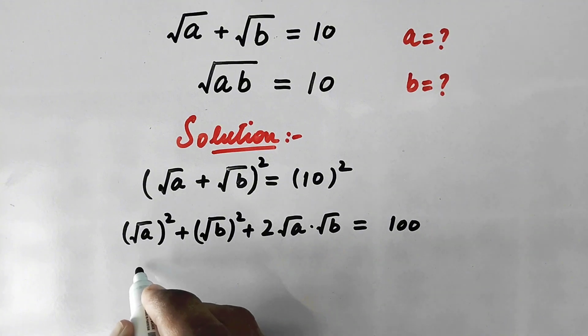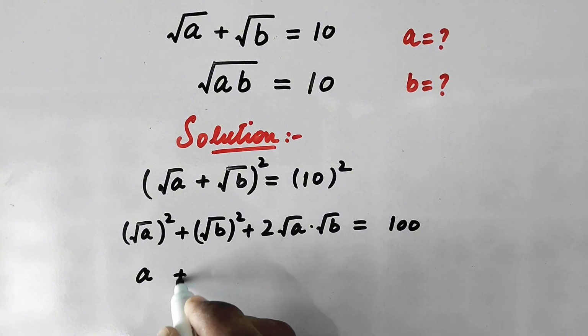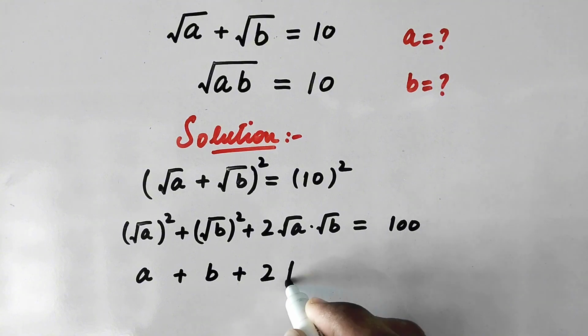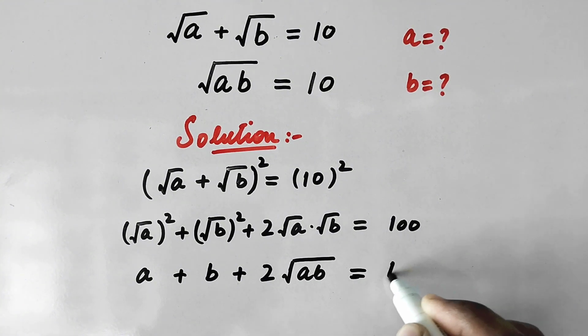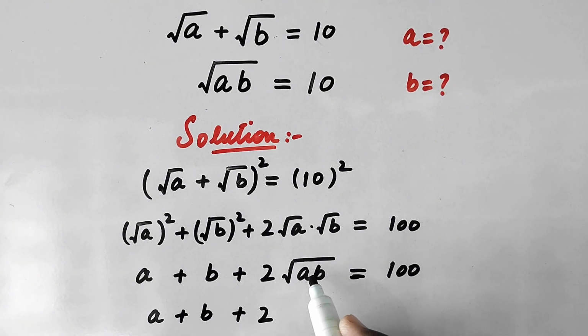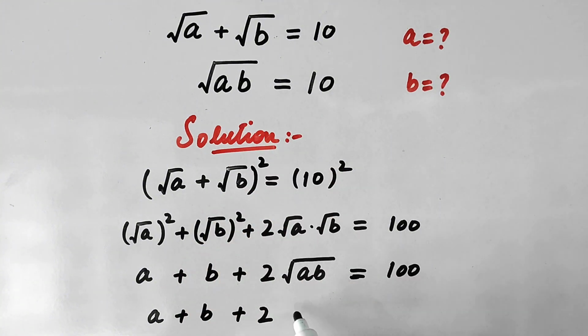Then here, as this square will cancel out the square root, here is a and same here is b, plus 2 times square root of a times b is equal to 100.